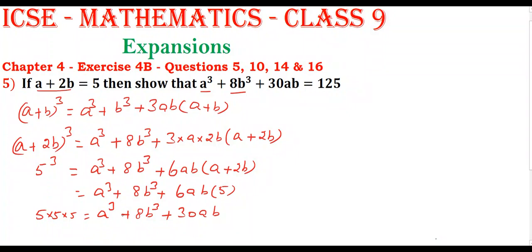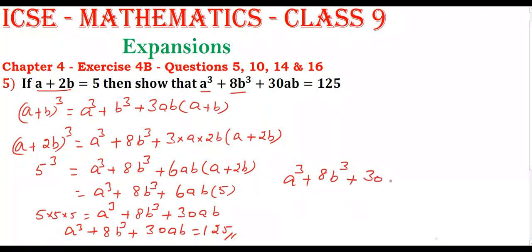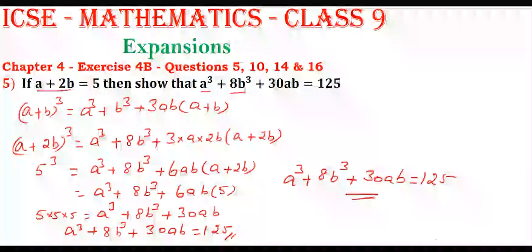So we can rearrange this, now we'll put it on the left side. So a cube plus 8b cube plus 30ab equals 5 into 5 into 5, it's 125. So this is the expected answer. a cube plus 8b cube plus 30ab equals 125. This is what we need to prove.